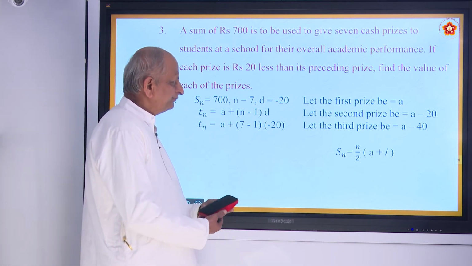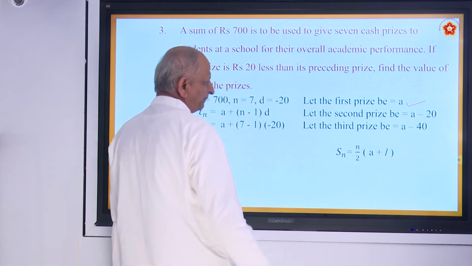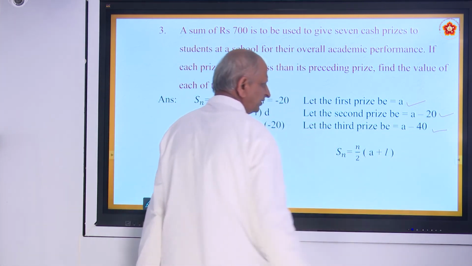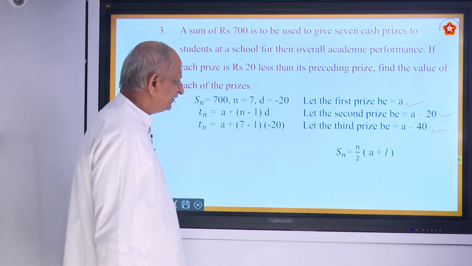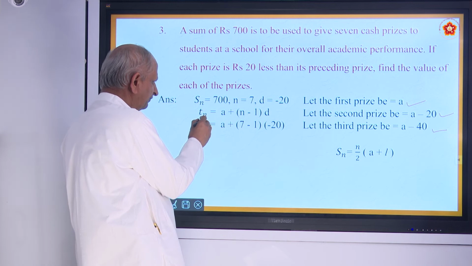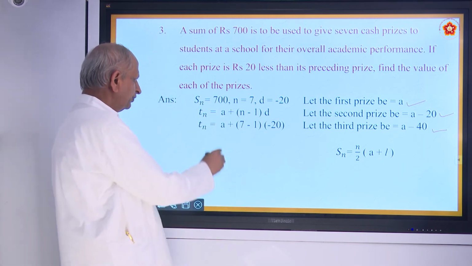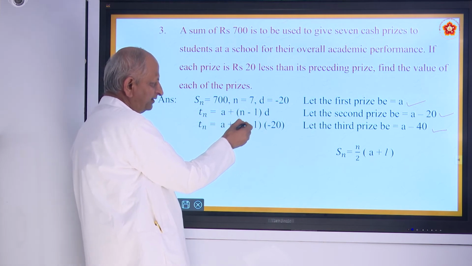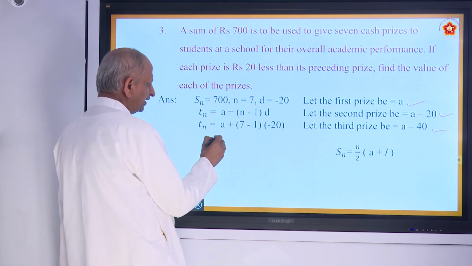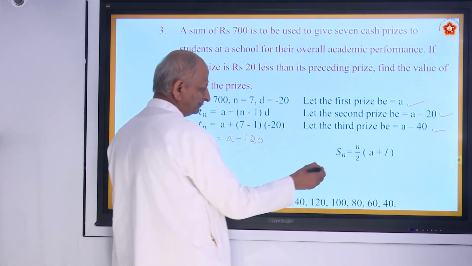So, let the first prize be A, the second prize becomes A minus 20, the third becomes A minus 40, and so on. Substitute in the formula, Tn equals A plus n minus 1 into d. So, A plus n is 7, minus 1, into d, which is minus 20. So, that will be equal to A minus 120, which should be brought here.